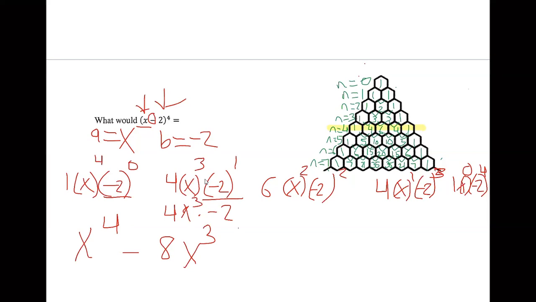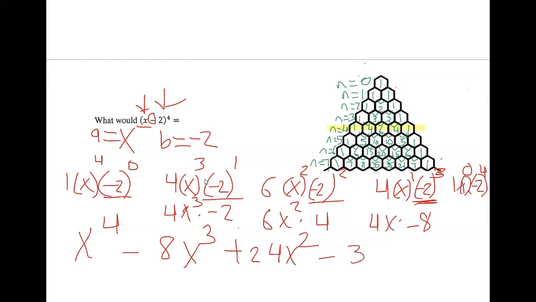For our next part, if you clean this up, -2 up to the 2nd power is going to be +4. So you'd have 6x squared times 4, which works out to 24x squared. And then for this one, -2 up to the 3rd power is going to be -8, so if you clean that up, that would be -32x. I know this is a little bit sloppy. Basically, your x part would go away. You would just have -2 up to the 4th power.